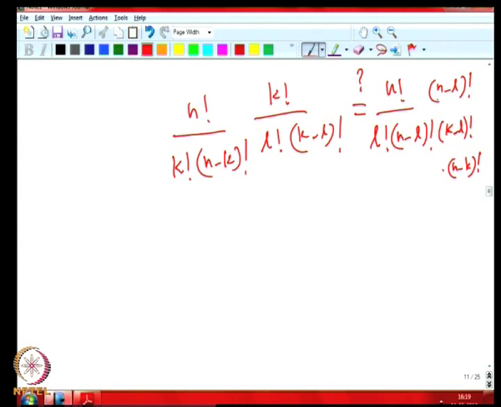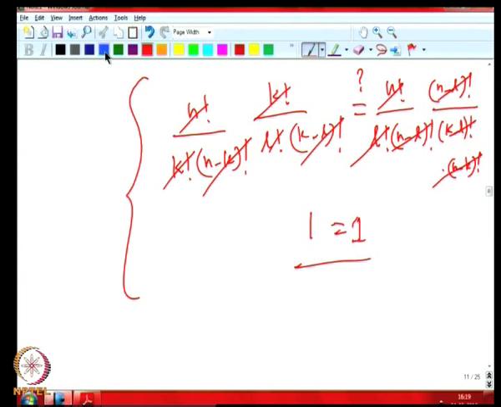So, when you subtract n minus L minus k minus L, you will get n minus k factorial. So, all these things will cancel off, k factorial, k minus L, L factorial, n factorial, and n minus L. So, this is a one-to-one thing. Just a blind checking by expanding both sides.